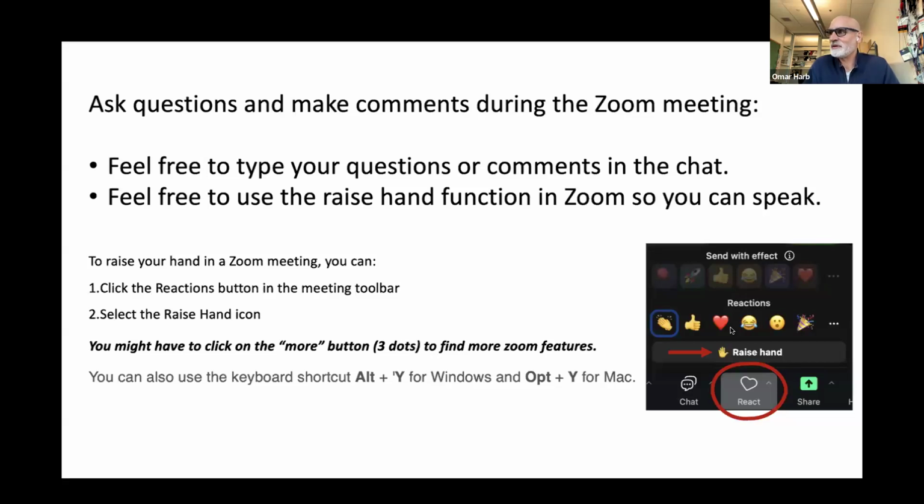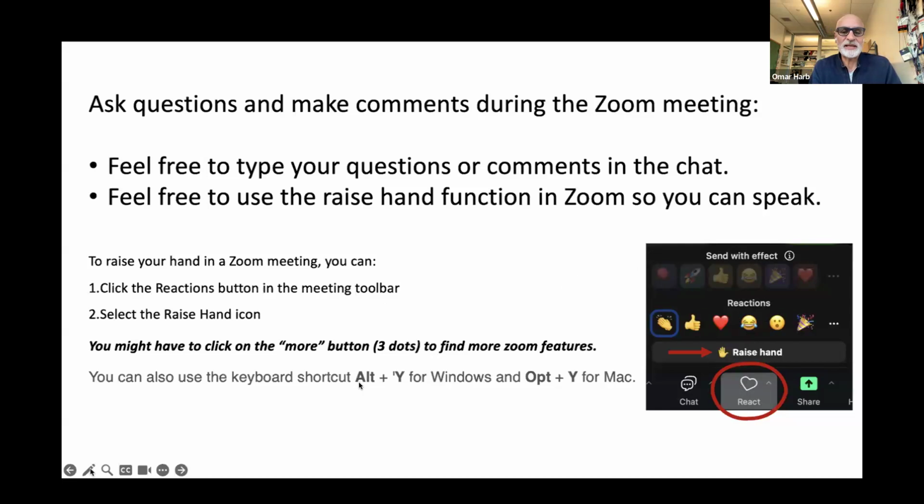Even while David is talking, feel free to raise your hand. If you raise your hand using the reactions in Zoom, that's the easiest way for us to see it. If you haven't used reactions before, you can click on the react icon in your toolbar in Zoom and then select raise hand from that.